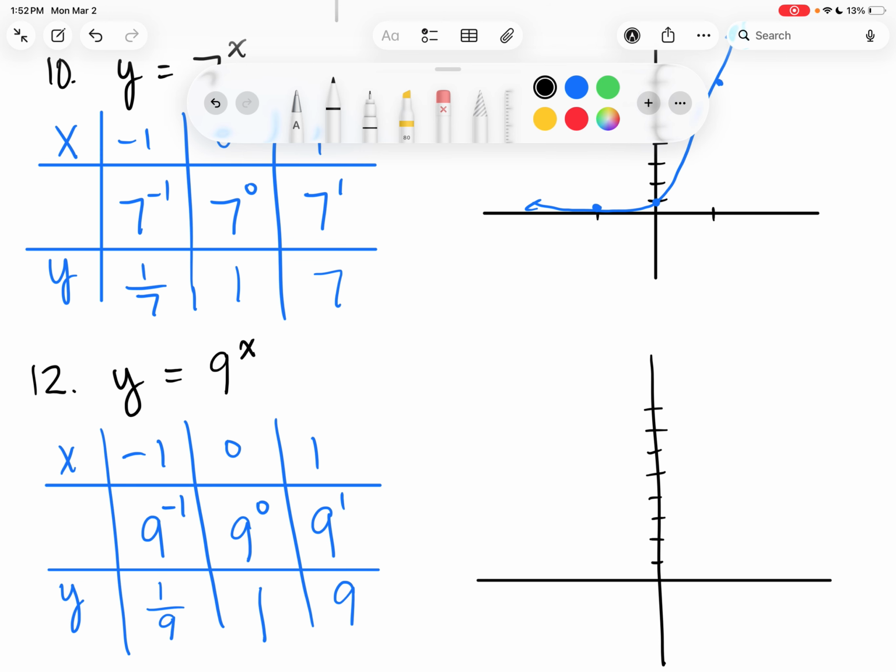Those notes we took before made it look like it was going to be really hard. All right, so at -1, it's 1/9, so I'm going just above the line. At 0, it's 1. And at 1, it's 9. And then you just connect it.